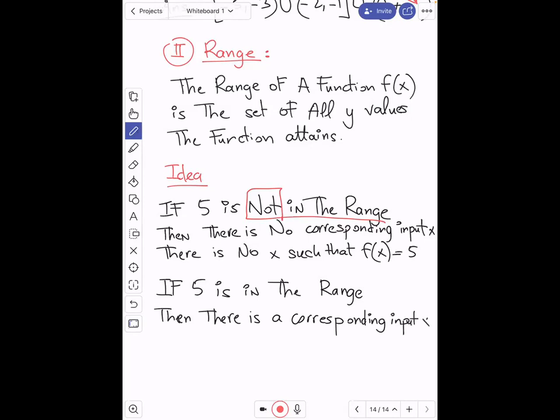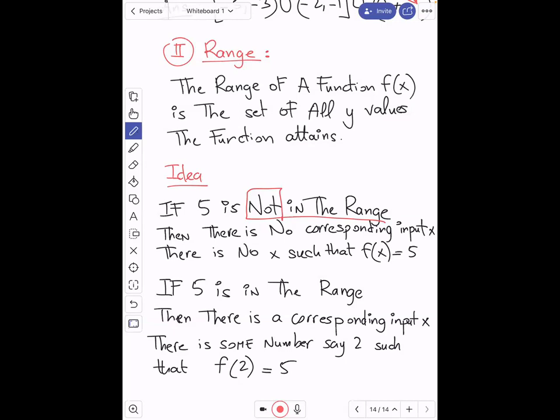Which means there is some number x, let's say 2, so that f of 2 would be equal to 5. Again, this 5 and 2 are just some random numbers.